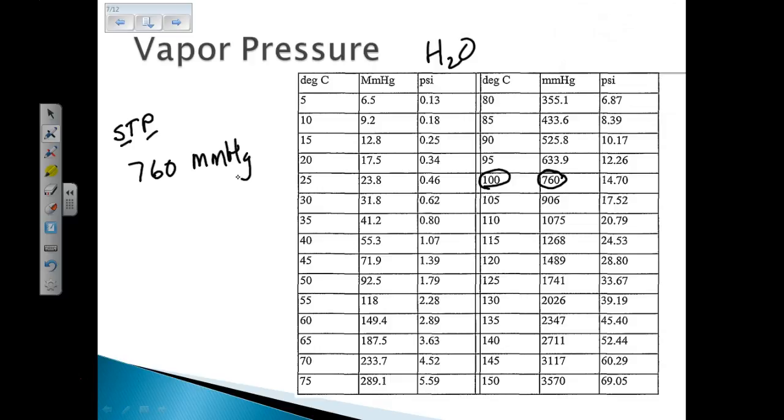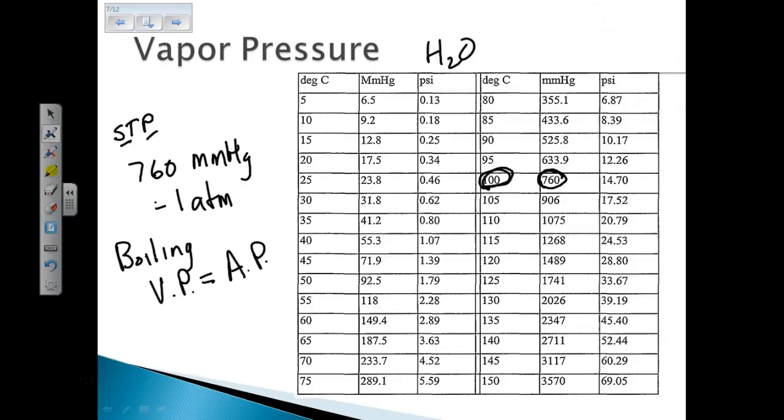That's equal to 1 atmosphere. And so when something boils, this is where it gets fun, boiling is when the vapor pressure equals the atmospheric pressure.